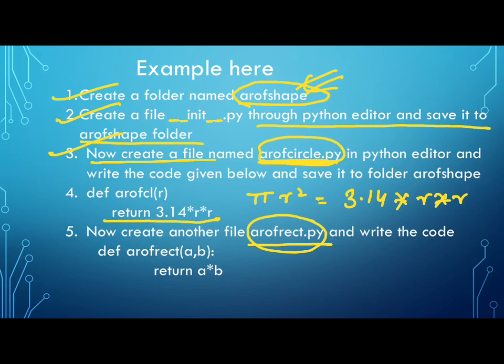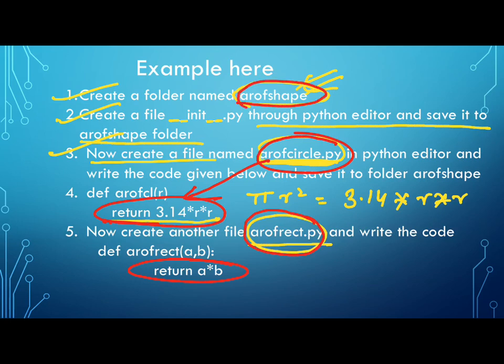In area of circle, you have designed this function to calculate the area. In the other file, area of rectangle, you have given the code to find the area of a rectangle, and you have saved these two files in the directory area of shape. I think it should be clear.